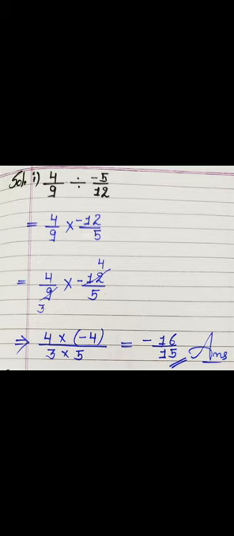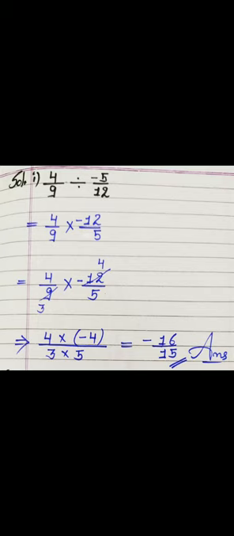Here 9 and 12 are both divisible by 3: 3 times 3 is 9 and 3 times 4 is 12. Then in the numerator we get 4 into minus 4, and in the denominator 3 into 5. When you multiply this, you get minus 16 upon 15. As we know, different sign, negative.